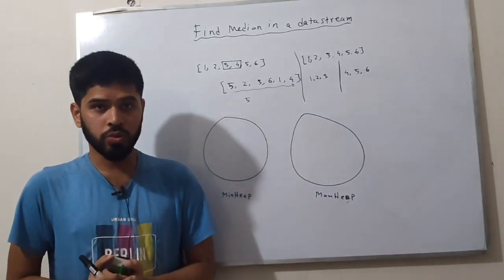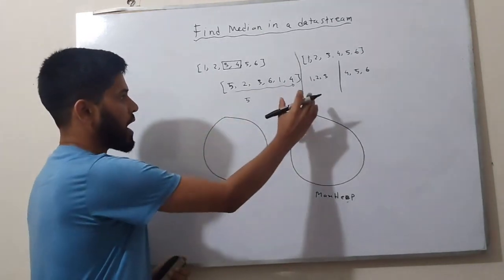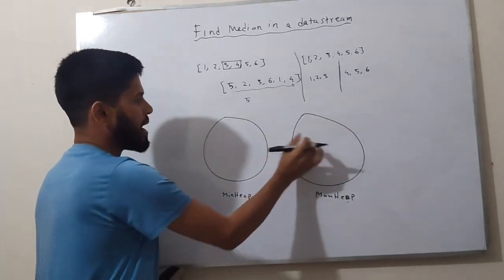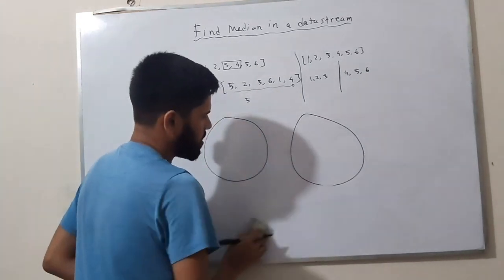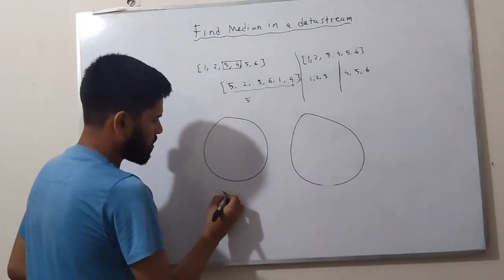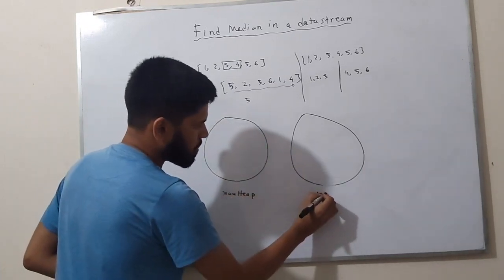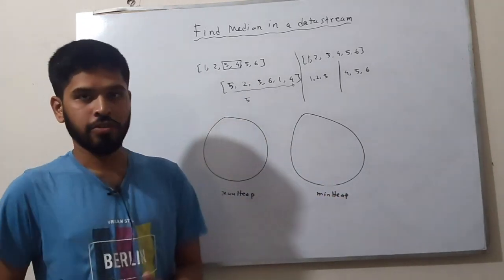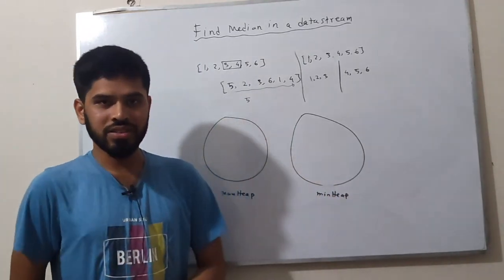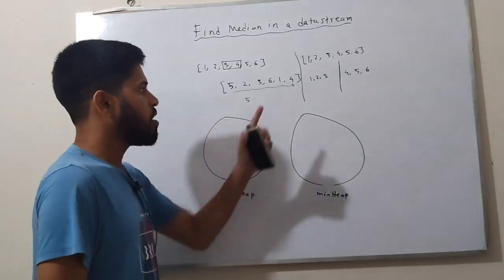Why are we doing this? This is very important to understand how we're going to apply our min heap and max heap data structure. Let's say this is our max heap and this is our min heap, so it will be easy for your brain to sync with this algorithm.